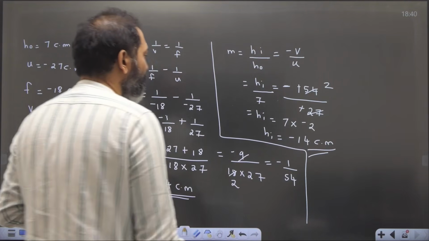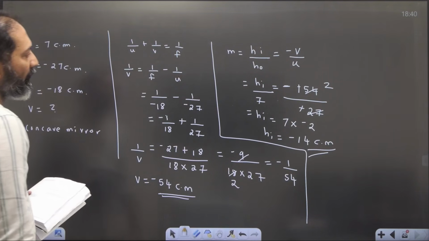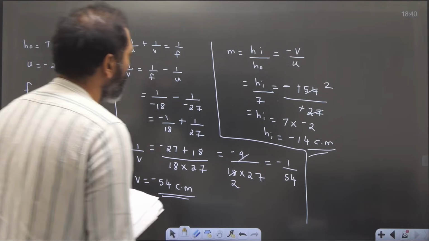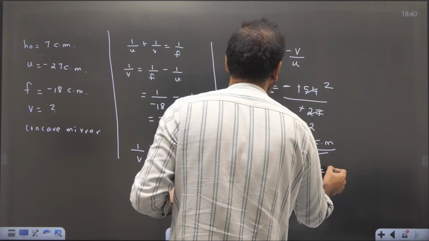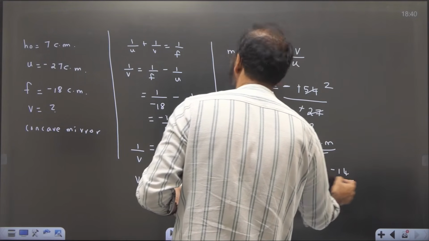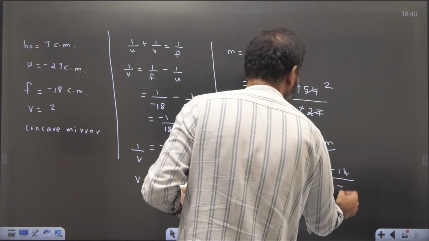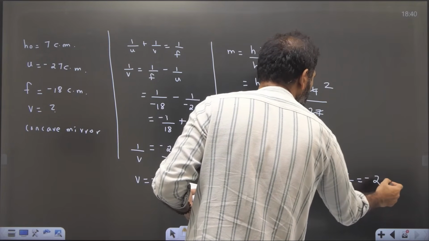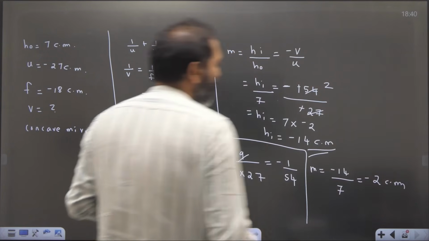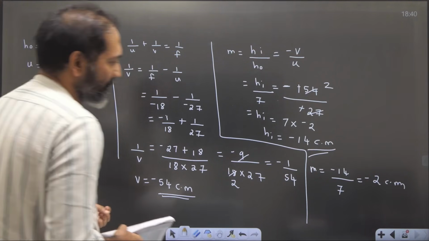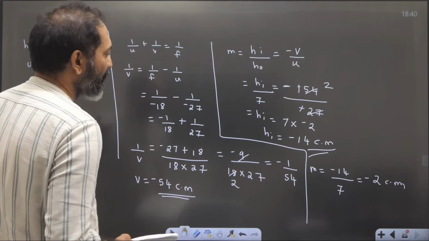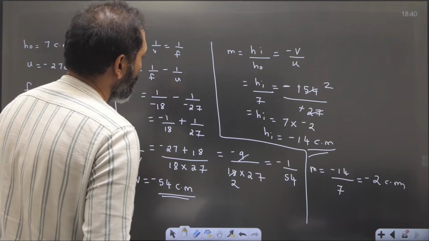Now magnification: height of the image minus 14 divided by height of the object 7. Magnification is minus 2. Magnification is minus means it is real and inverted.